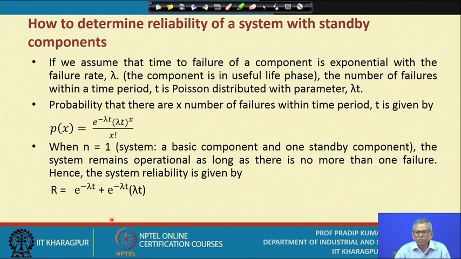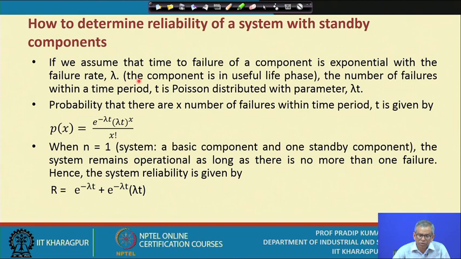That means constant failure rate, that assumption is true, that assumption is valid. So if you assume that the time to failure of a component is exponential, it's a particular case of the binomial distribution, the density function, with failure rate lambda.